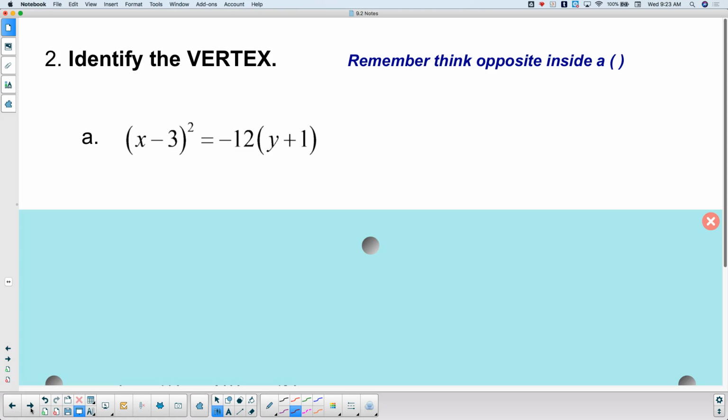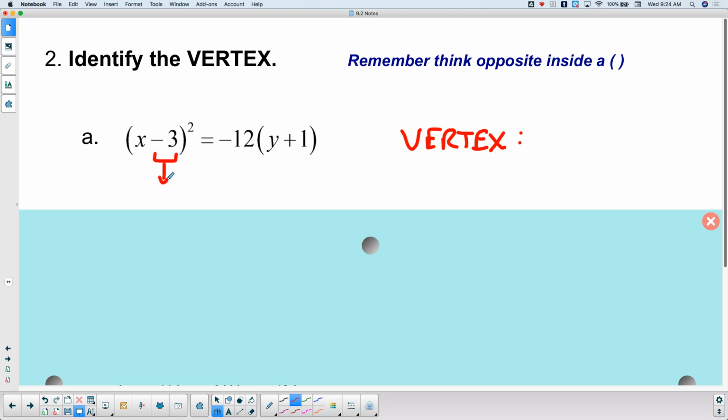So the vertex of this particular parabola is going to be, I look at this number here to get my x part.